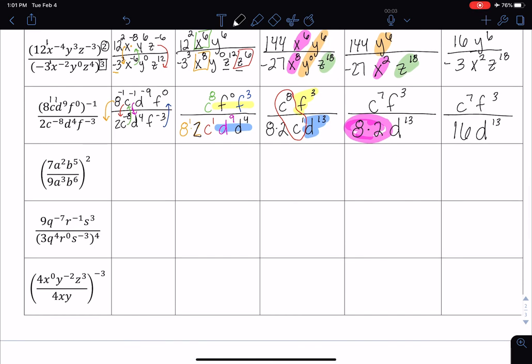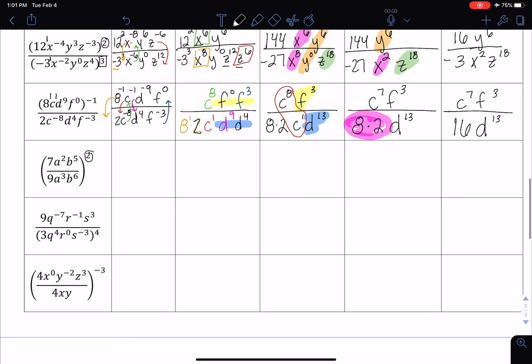Okay, next one. Notice this 2 exponent's a little different from the one up top or the one that we just did. And that's because this 2 is going to the top and the bottom. So the 7 has a 1 exponent, the a has a 2, the b has a 5, the 9 has a 1, the a has a 3, and the b has a 6.